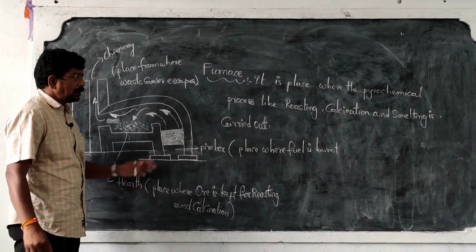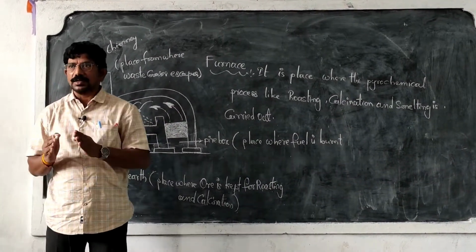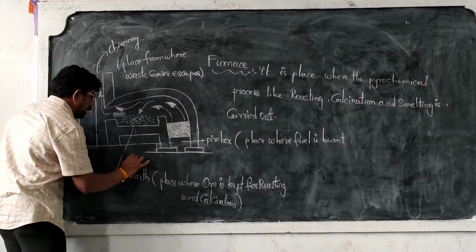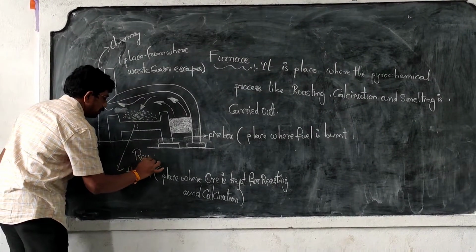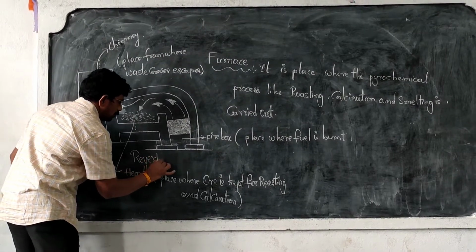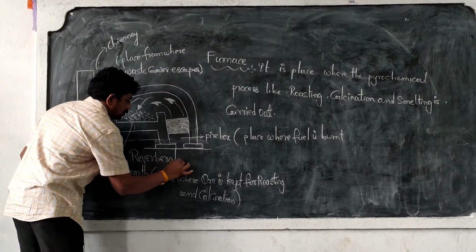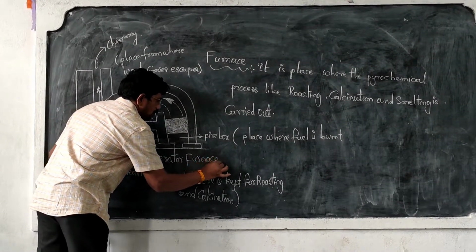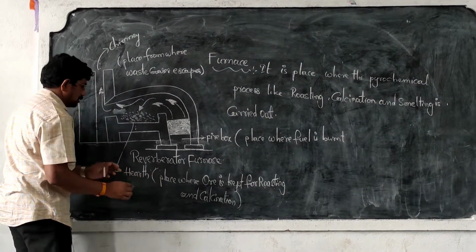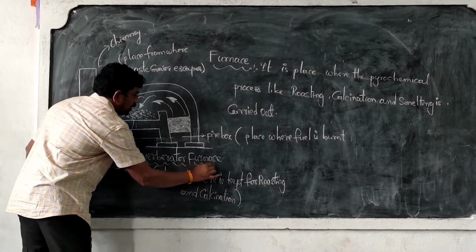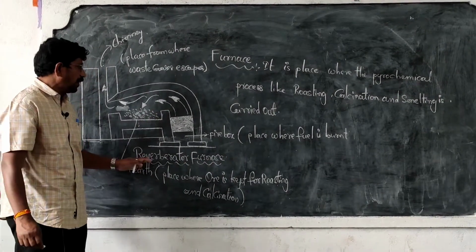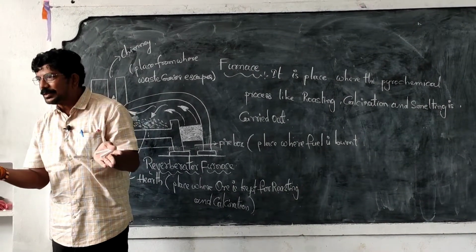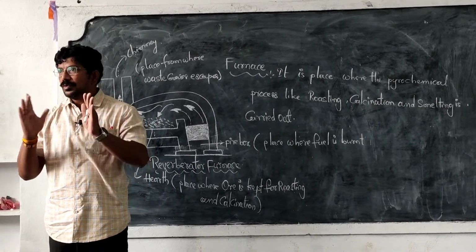Are you clear? We studied the blast furnace. The only difference between the blast furnace and this reverberatory furnace is that in the case of blast furnace, there is no separate place to keep the fuel.